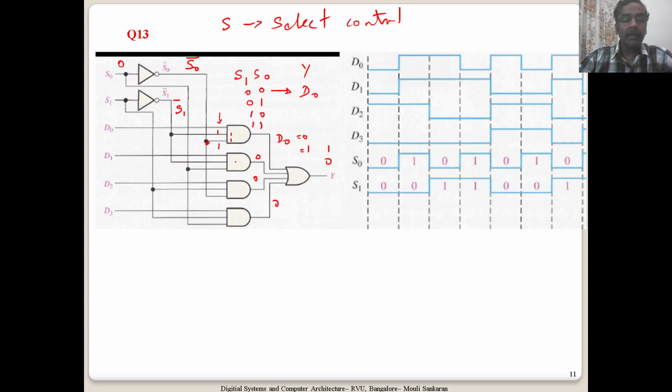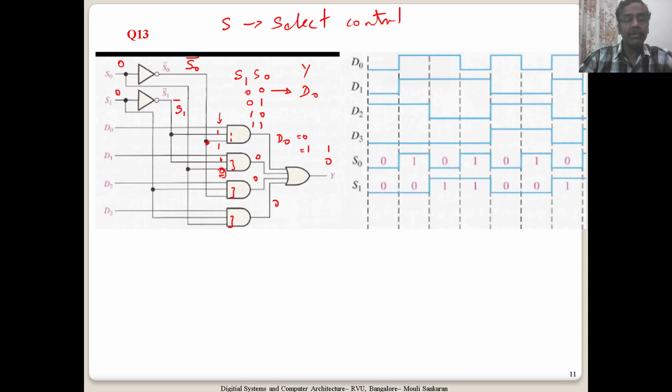Then you look at the combination of these control inputs, whatever control inputs we are giving. We are giving S1 prime here and S0 directly here. Now 0 0, if you give here, this will be 1, but here S0 is given as it is. 0 1 0, that means S0 is coming directly from here.